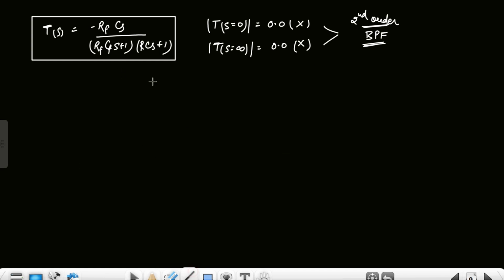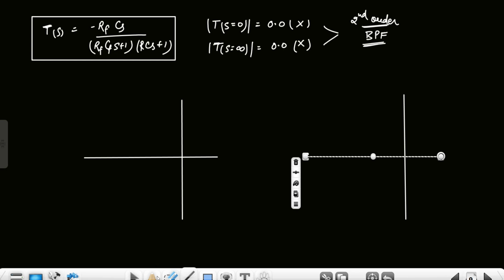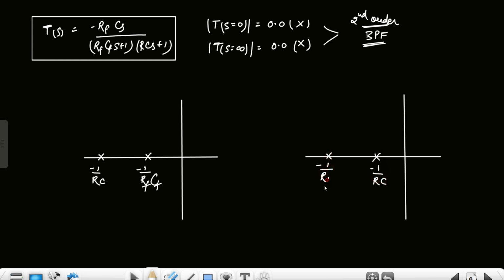Now the pole zero plot of this transfer function. So which pole is lying first? Either this or this. So this is the correct pole zero plot or so. Either this is lying first and after that 1 upon RC, or first 1 upon RC and after that 1 upon RF CF and 0 at the origin.